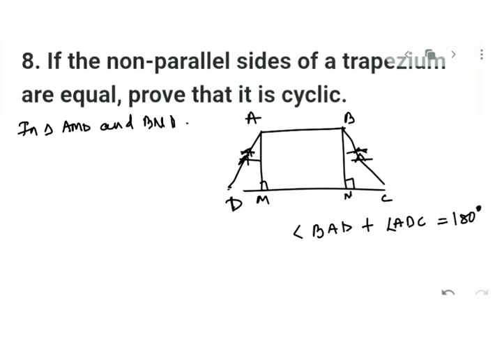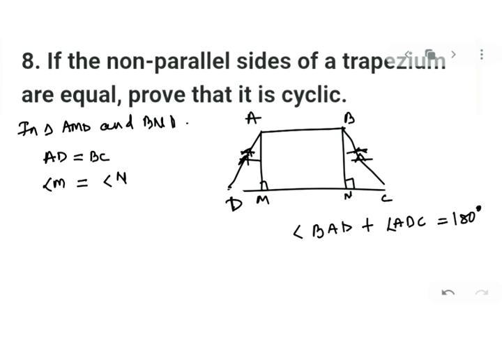If I want to prove them congruent, let's see what points we can get. Shall I take AD is equal to BC? This is my first point. What about next? Can I also say angle AMD is equal to angle BNC, because they are perpendiculars?